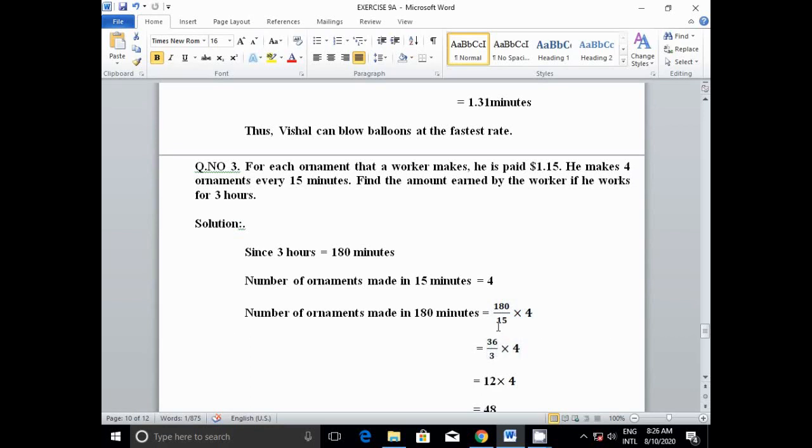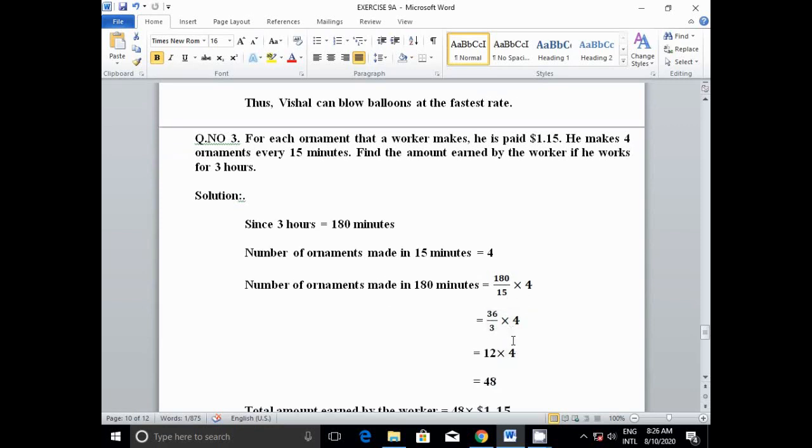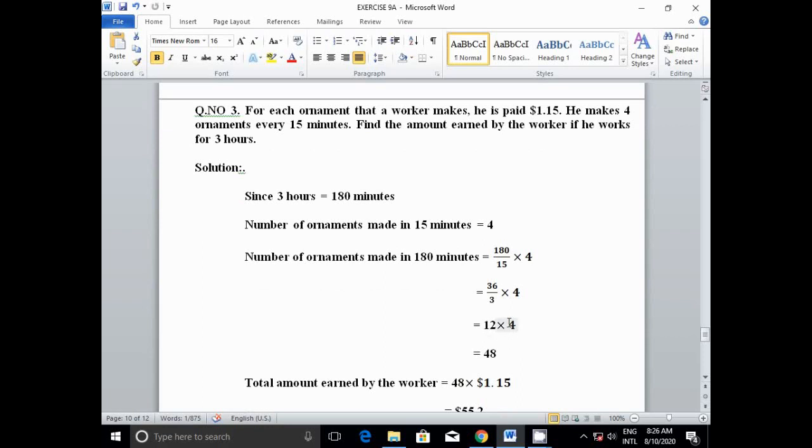Again 36 is a multiple of 3, which means 3 times 12 equals 36. Finally, let's take the product of 12 and 4. 12 times 4 is 48. Now 48 is the total number of ornaments made in 3 hours. So we have calculated the number of ornaments a worker makes in 3 hours.